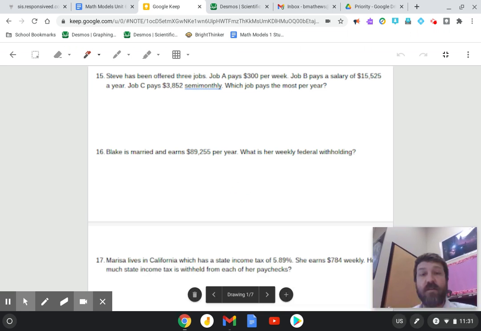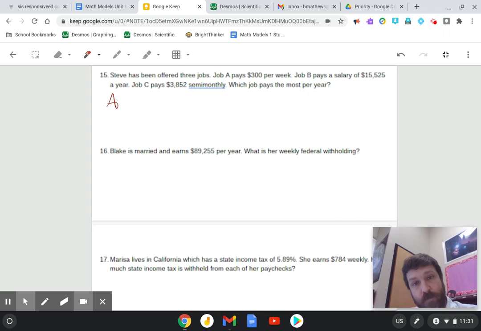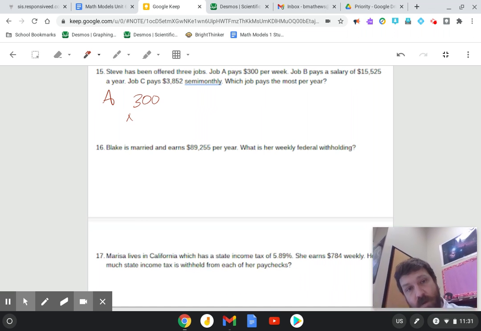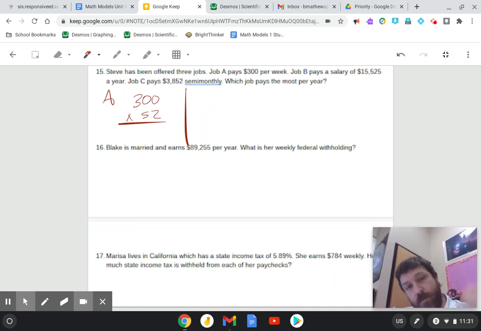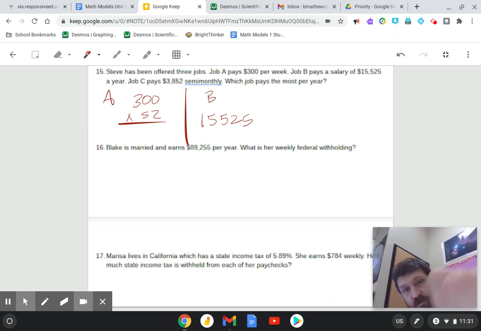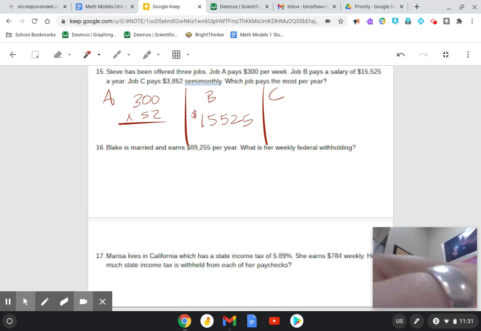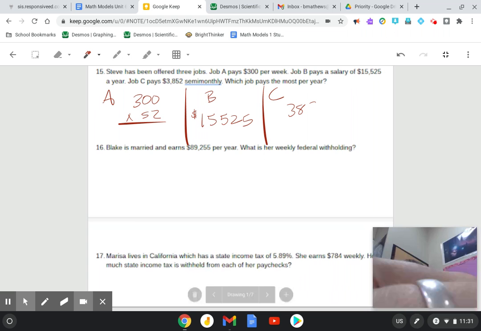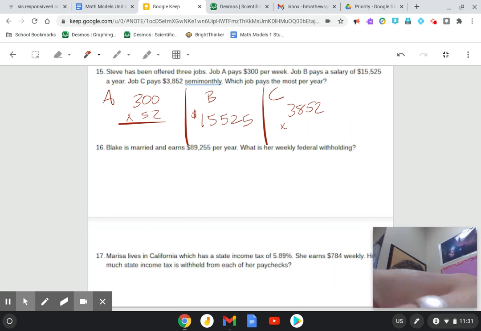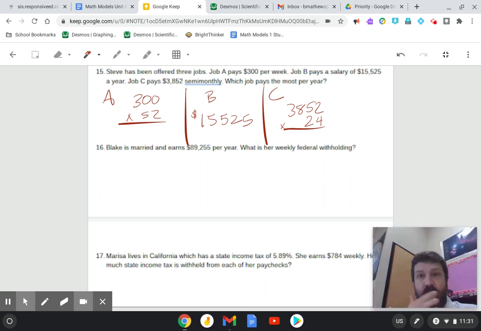All right, so we just have to calculate each one. So we have job A, that's 300 times 52. Job B is just straight up 15,525. And job C is 3,852 times 24, twice a month.